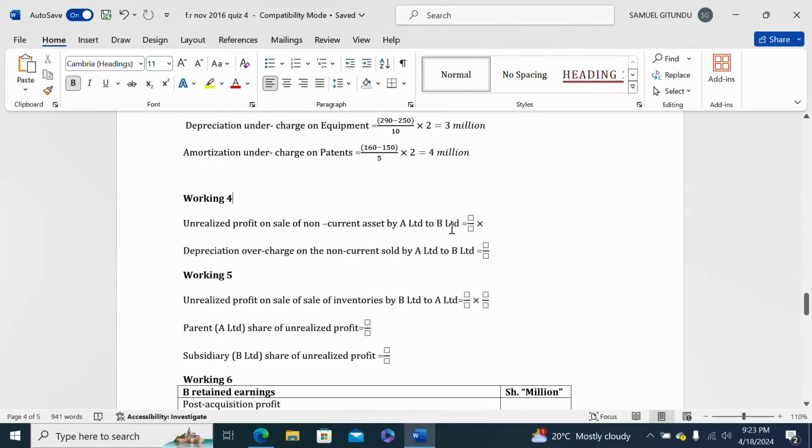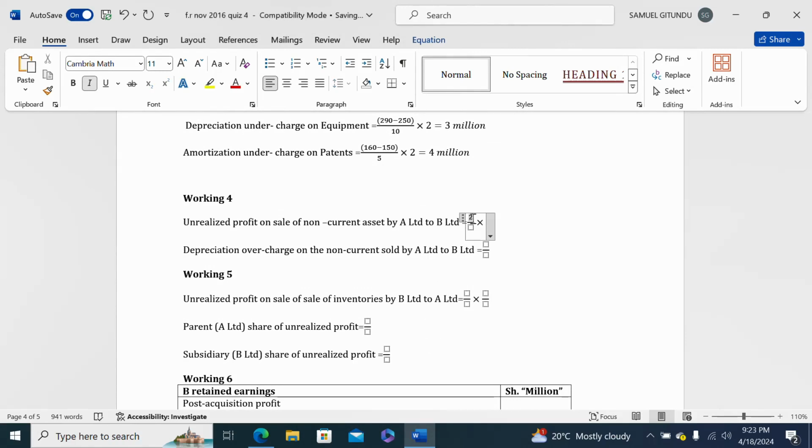So the unrealized profit is 20%, that is 20 out of 100.